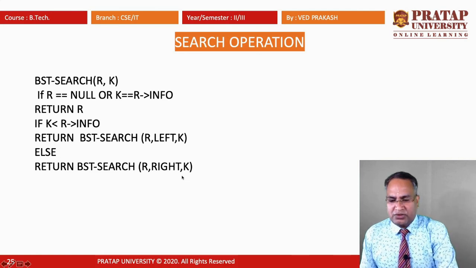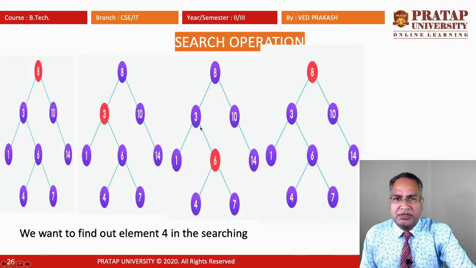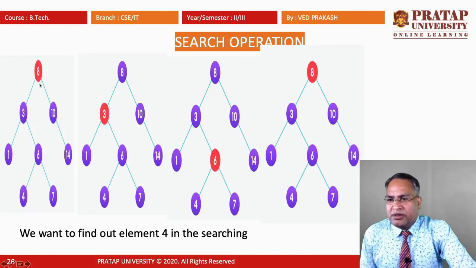We can also consider this algorithm using an example. Here we want to find the element 4 in the existing binary search tree. First I have to make a comparison with the root. Here the root is 8. So 4 is less than 8, then I have to move to the left hand side, and there I find the left subtree, and in this left subtree the root is 3.